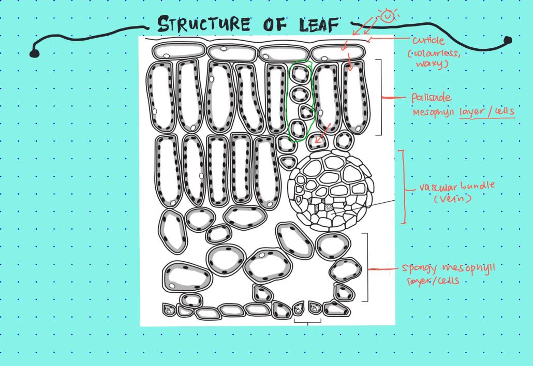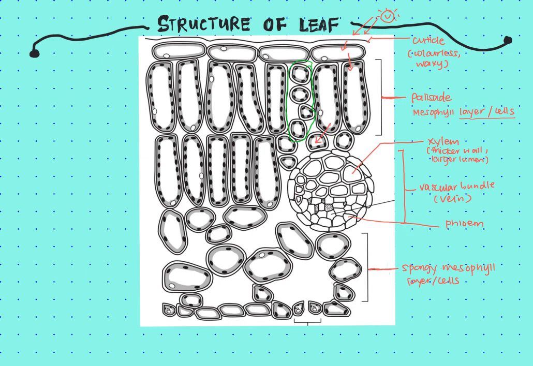Labeling the region here, take a look at this part. This will naturally be the xylem, generally because of the thicker walls and the larger lumen. Conversely, this part here will be your phloem vessel.